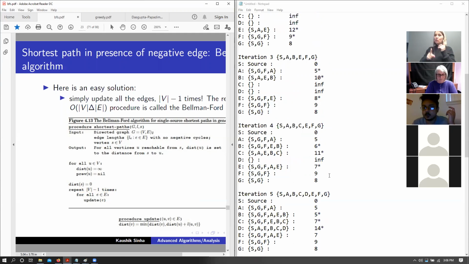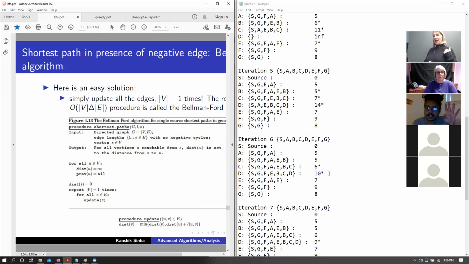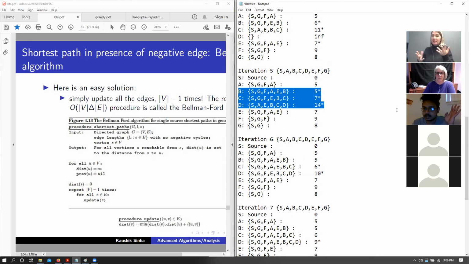Okay. Yes, and even if you have explored everything in your graph, if the only things that you update, let's say, are these 3 vertices here, then you are guaranteed that the only things that will change in the next iteration are the vertices that depend on these vertices. Because everything else is going to be the same anyway.